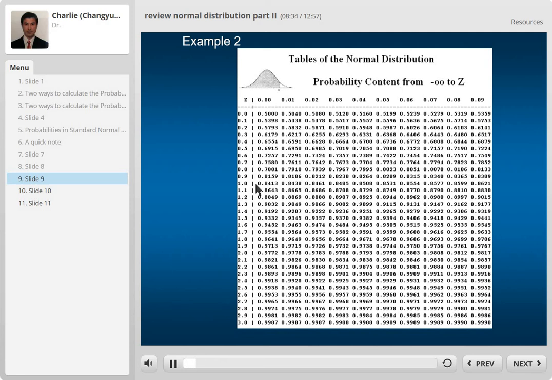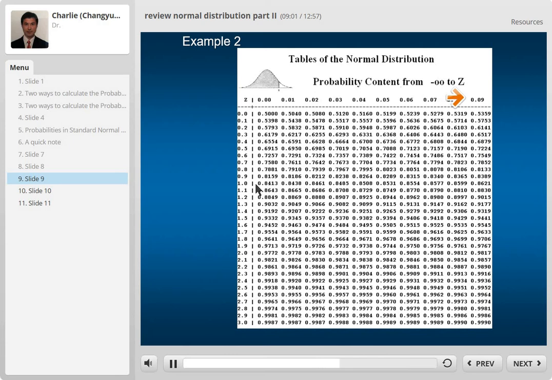Okay, here is the normal distribution table. It is the same as the one on the second page from the very end of this book. We're going to use this a lot. On the top row we have z, and here we have 0.00, 0.01, 0.02, 0.03, all the way to 0.09.